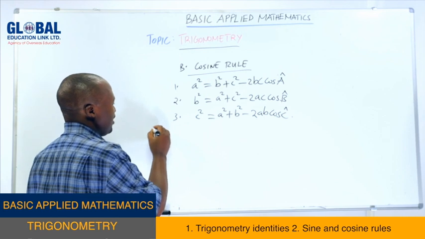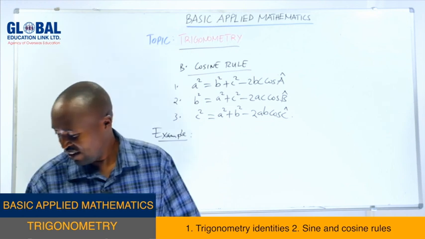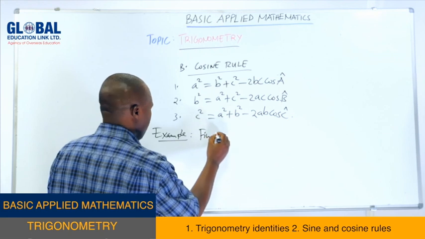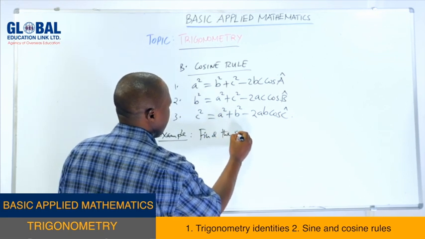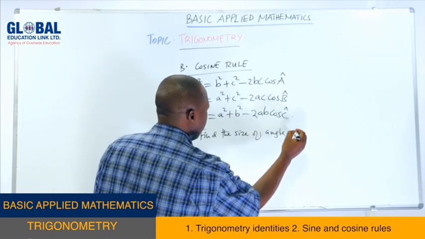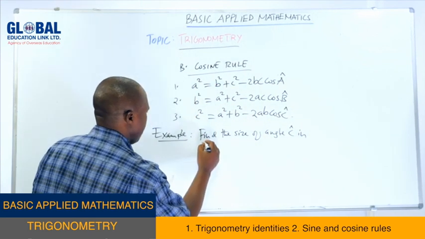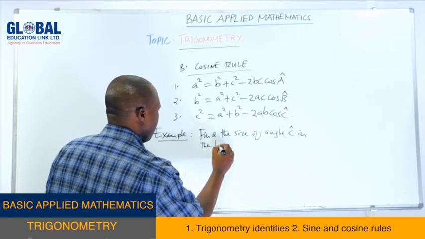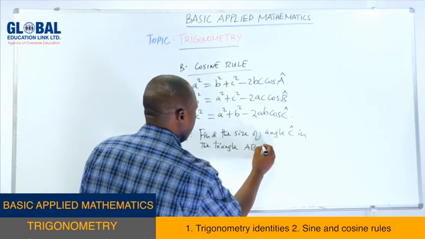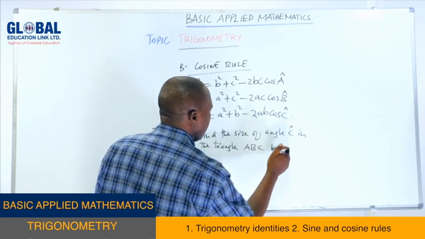So here we have an example, and the example says: find the size of angle C in the triangle ABC below.